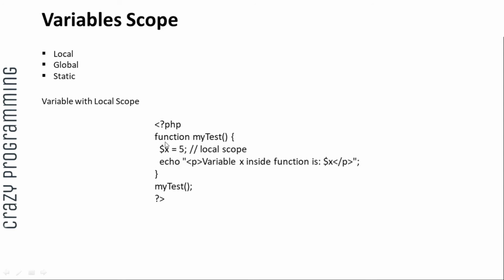Inside that we wrote the variable $x equals to 5, that is local scope, because we declared the variable x inside the function. It shows the result, and then we run the function like this.